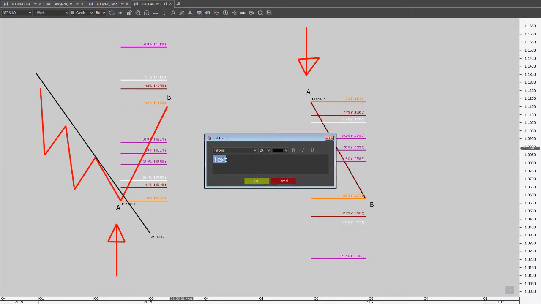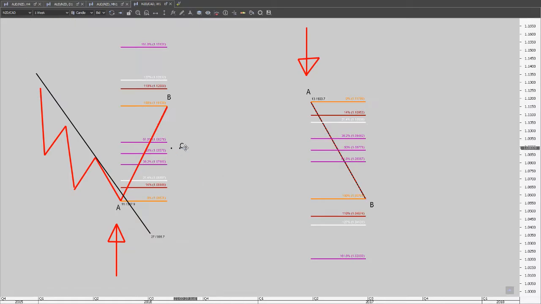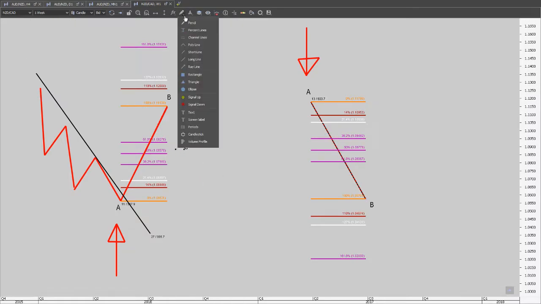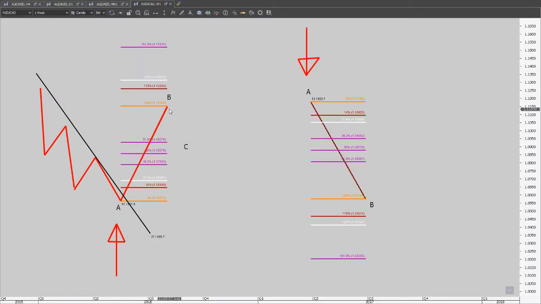What is the C? Well, the C is the lowest point, not necessarily a low. It's the lowest point inside the AB boundary after the B. This is the C. Now, what is the C in a downtrend?